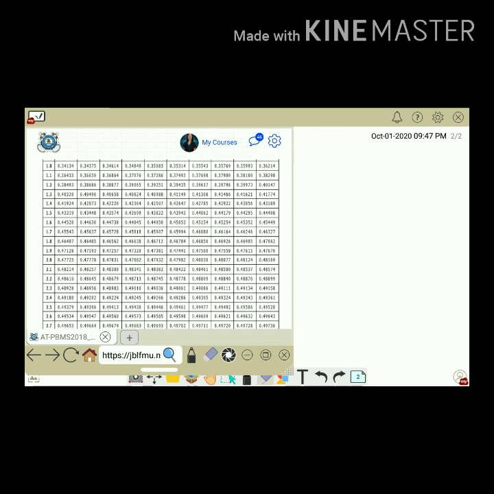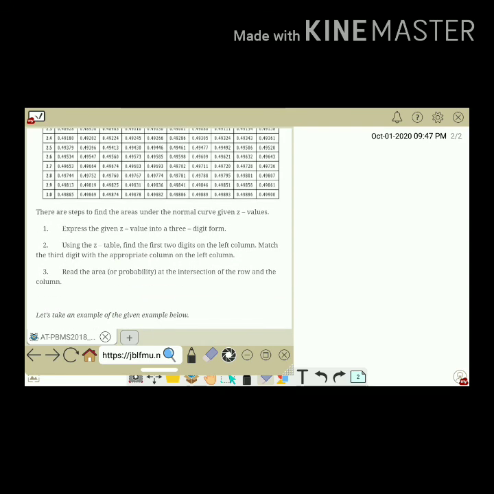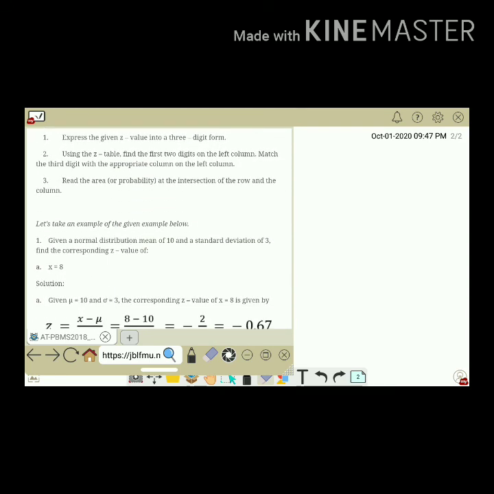Okay, now to solve for the mean, for example, we have here an example. Given a normal distribution mean of 10, since we're not given a certain sample size, we will assume that the mean, that is a population mean, is 10, and your standard deviation is 3. Find the corresponding z value of X equal to 8.